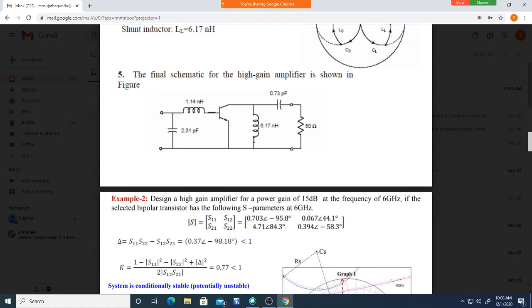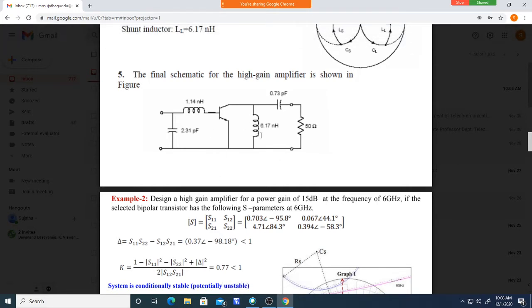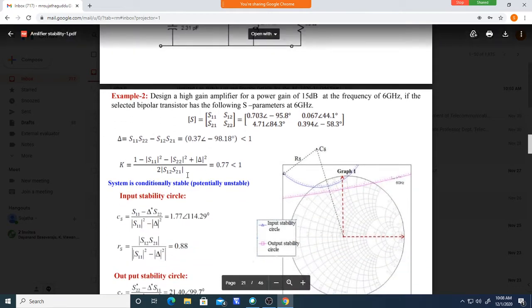But we cannot take all the values of ZS and ZL, so you have to go for a stability check. Before choosing the value of ZS and ZL on the constant gain circle, you should check for stability, whether those values will give a stable operation or not. That is why we have to do it for delta and K.